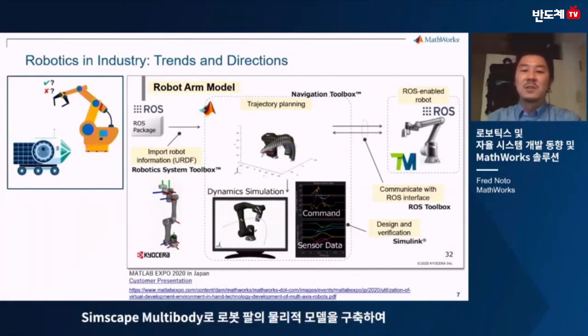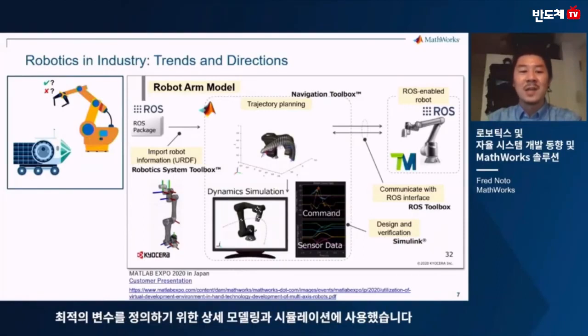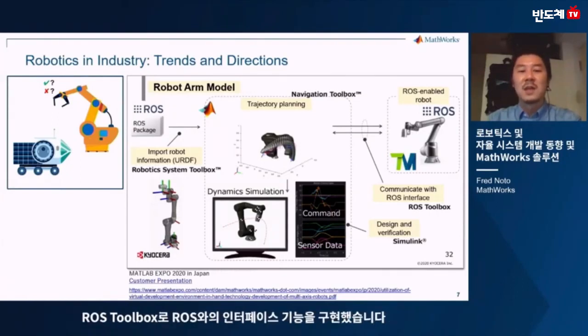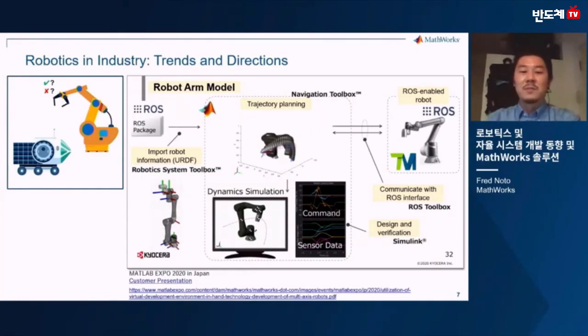Simscape Multibody was used to build physical models for the robot hand, which were used for detailed modeling and simulation to define optimal parameters to successfully grasp various work pieces. They imported the robot model from URDF files using Robotic System Toolbox, which provided capabilities to interface with ROS. Though the slides are in Japanese, they are available to view on the MathWorks site.